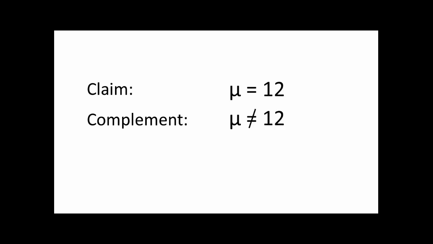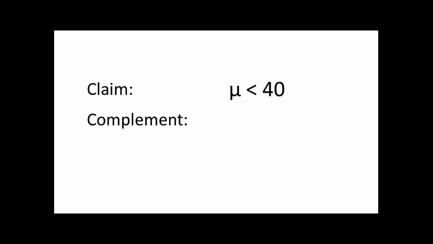The first step in a hypothesis testing problem is to identify the claim and then to figure out the complement of that claim. A complement is kind of like an opposite, except a statement and its complement must cover all possible outcomes. The complement of mu equals 12 is mu does not equal 12.